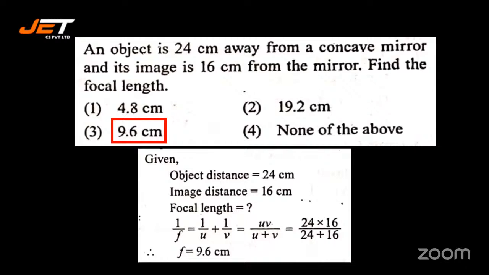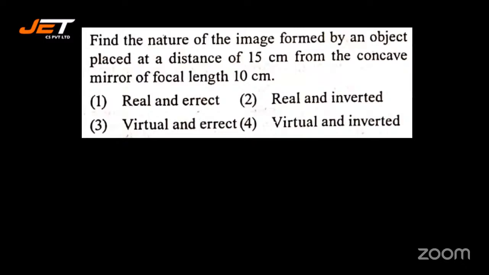Object distance is 24 centimeters given. Image distance is 16 centimeters. Required to find the focal length. Okay, answers are pouring in. I would like to go forward, students. Okay, Aditya has an answer.